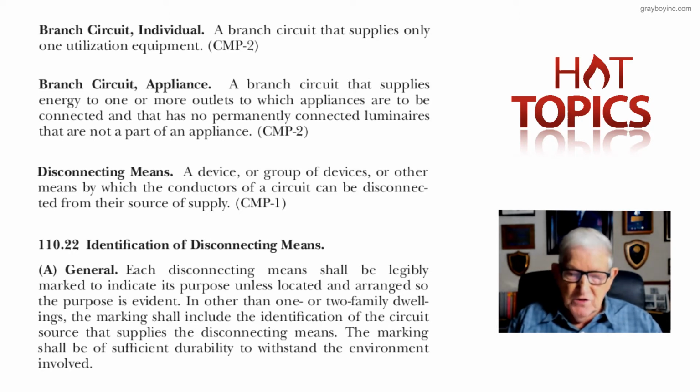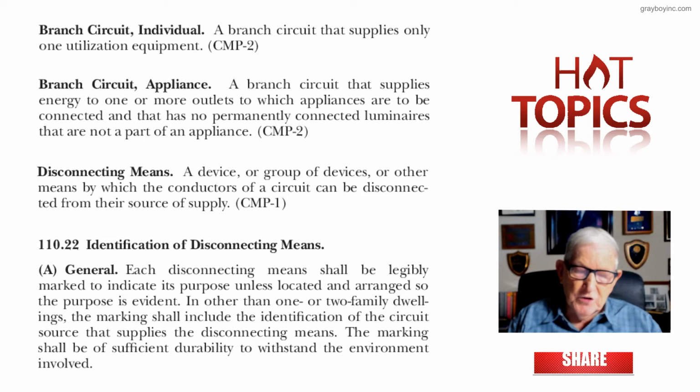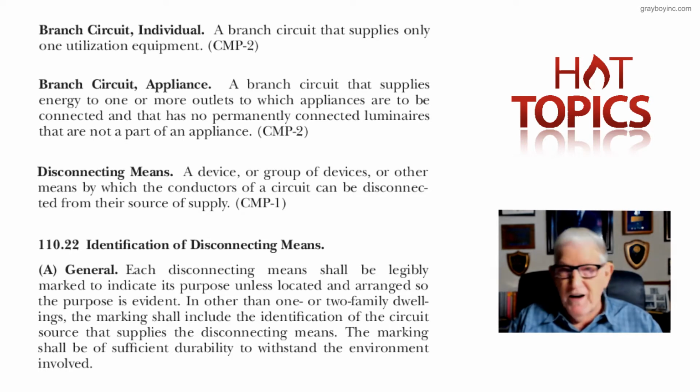Starting with the title, it says identification of a disconnecting means. And then (A) is general rules. It says each disconnect shall be legibly marked to indicate its purpose unless located and arranged so the purpose is evident. The marking shall include the identification of the circuit and shall be of sufficient durability to withstand the environment.